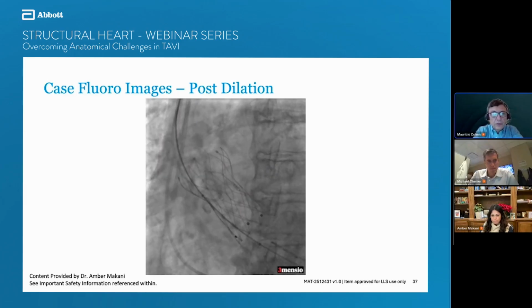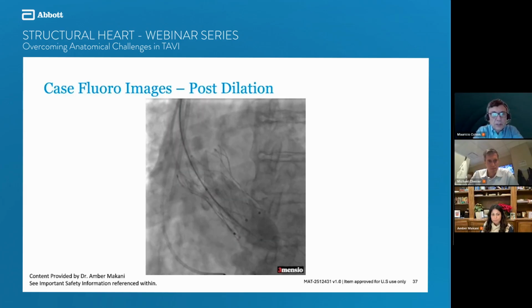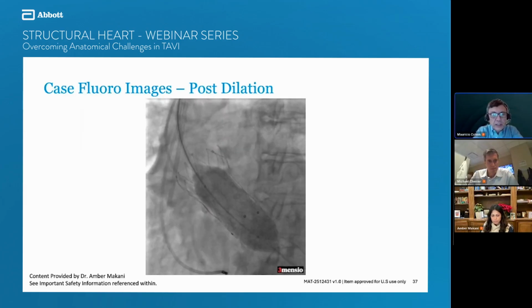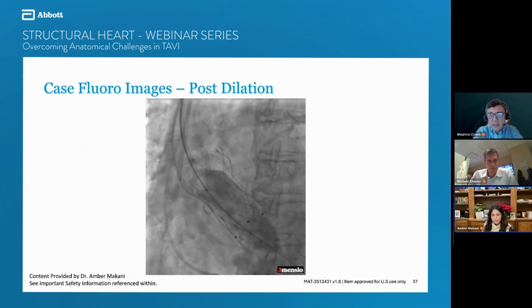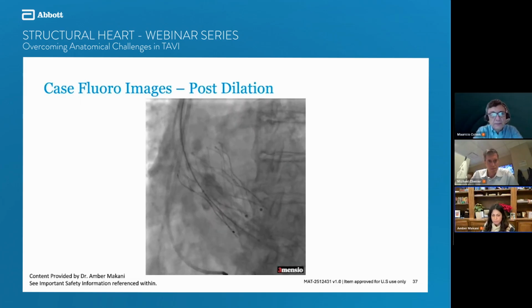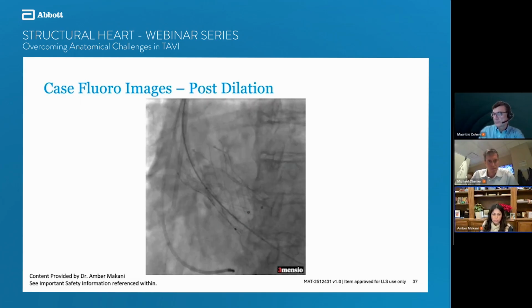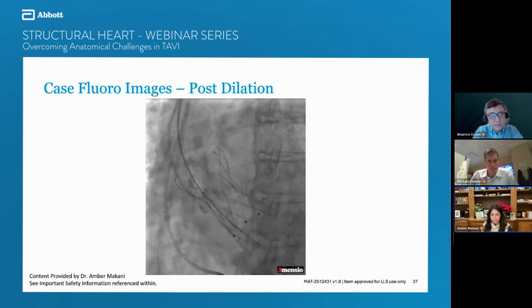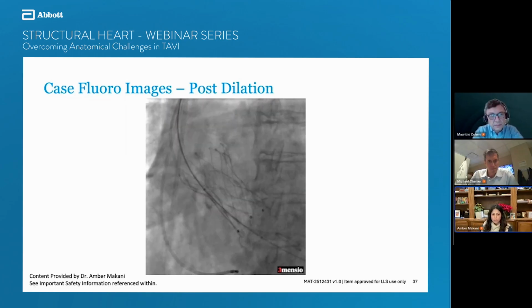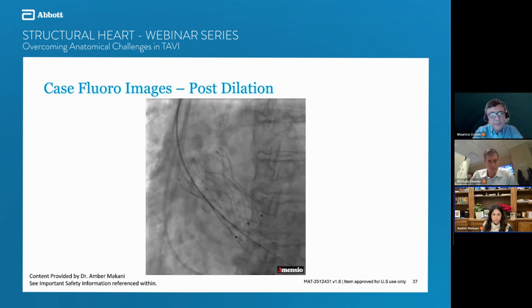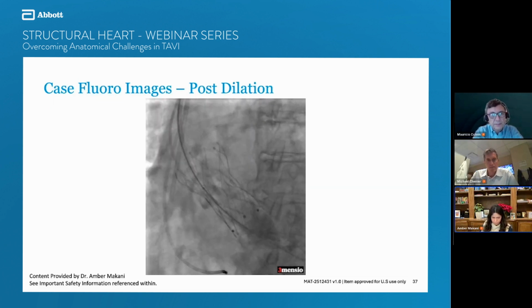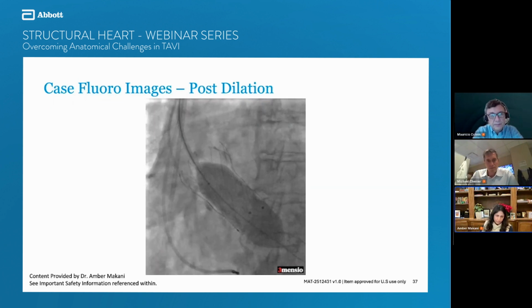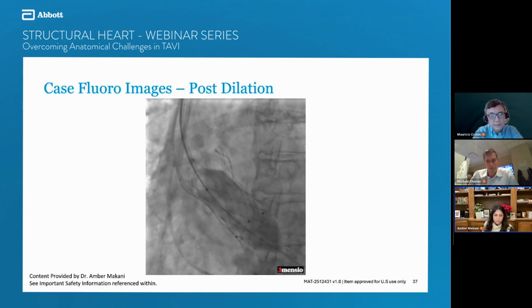So in the previous one, why did you decide to post-dilate here? Yeah. There is some degree of PVL. Certainly, we knew that there's a large burden of calcium, and to be honest with you, this post-dilation could likely have been avoided by doing a larger initial balloon sizing. I think that was part of the reason I wanted to show this case, is that we all learn not just from each other but from ourselves.